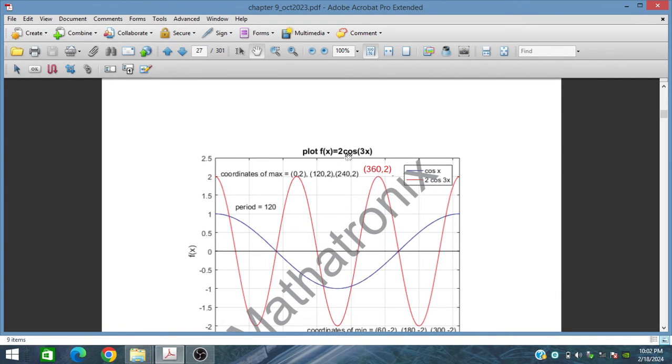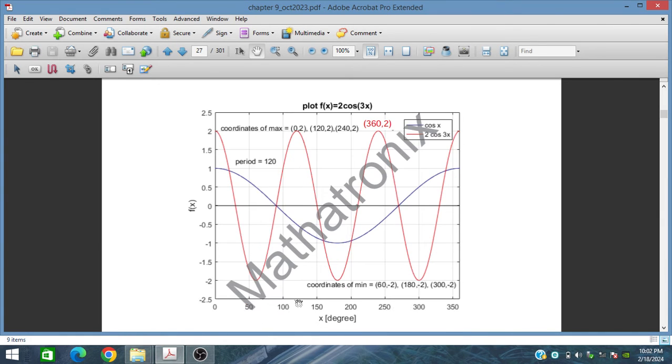This is 1, and multiplied by 2, so it represents 2. So here we have 3x, so the period becomes a third. At this value 120 degree, the period is completed, and after that one more period, and after that one more period. So we have 3 signals here in this 360 degree.